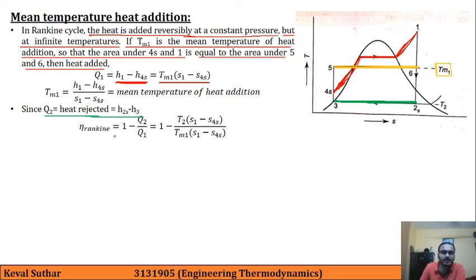Now eta Rankine is equal to 1 minus Q2 by Q1, that is equal to 1 minus the value of Q2 and the value of Q1 over here. So here S1 minus S4s will be the same in both cases, because this is the entropy difference that we are having over here.